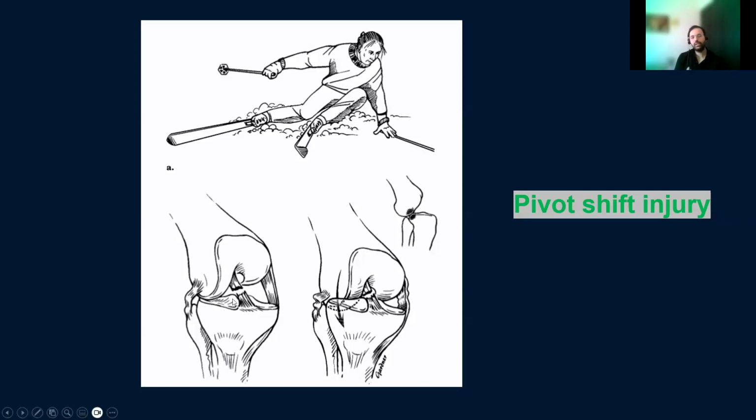Yeah, you can get the unhappy triad with the pivot shift, but there are recent papers which say that what was initially described in the terrible triad of O'Donoghue was the medial meniscal tear, but now there are some papers which say that the lateral meniscal tears are in fact more common than the medial meniscal tears.